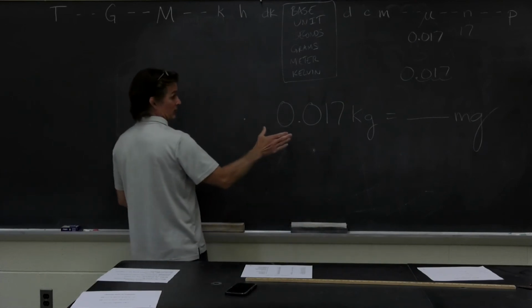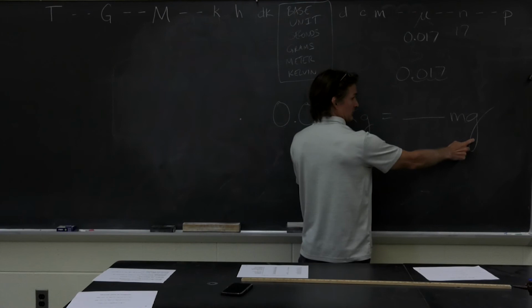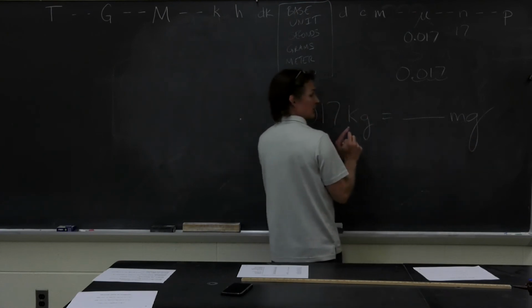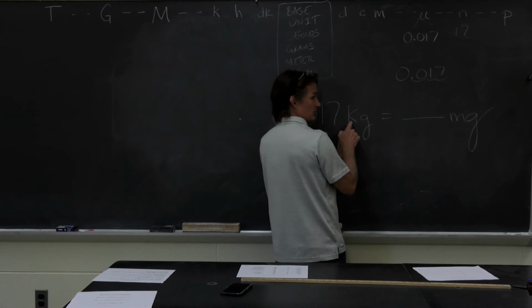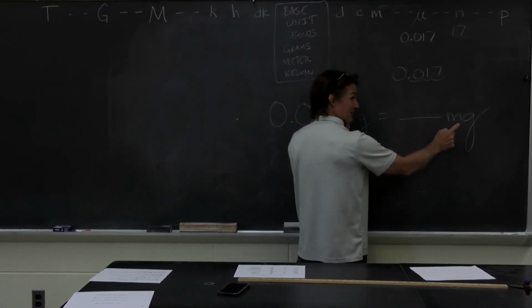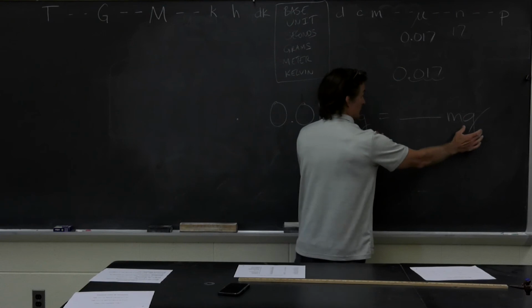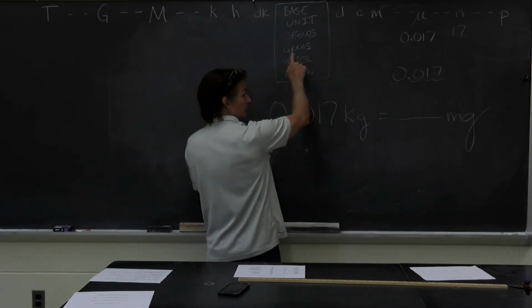So if I was trying this conversion, I'd first recognize I'm dealing with grams. The prefix conversion that I'm looking at, I'm converting a kilo to a milli. That's not a meter gram, that's a milligram. This M here means milli. The unit we're dealing with is grams. So my base unit in this problem is grams.